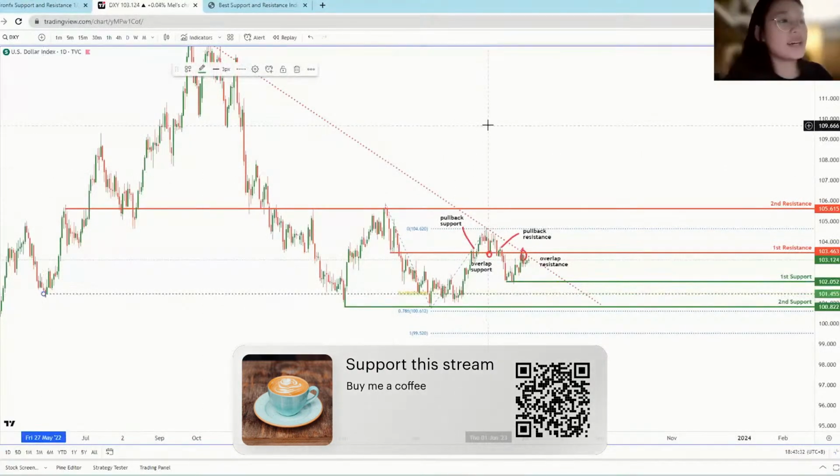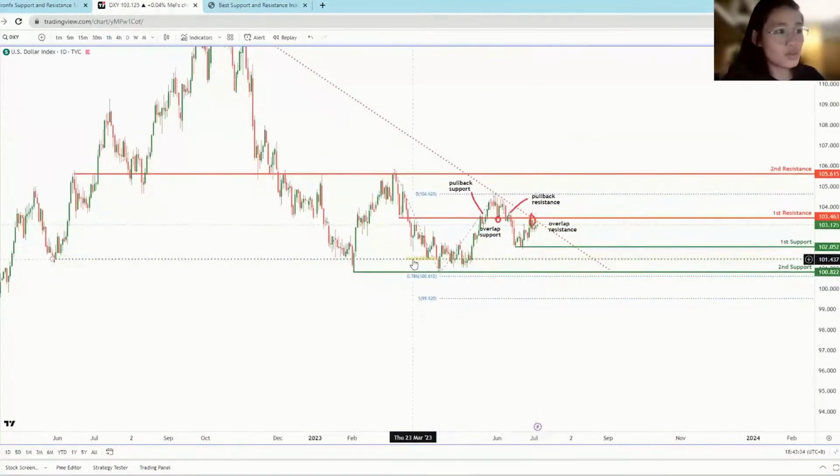Okay, and I'm actually going to highlight this level here at the 61.8 level because we have a swing low here. And price has tested this level many times in the recent past. So that's my intermediate support level.